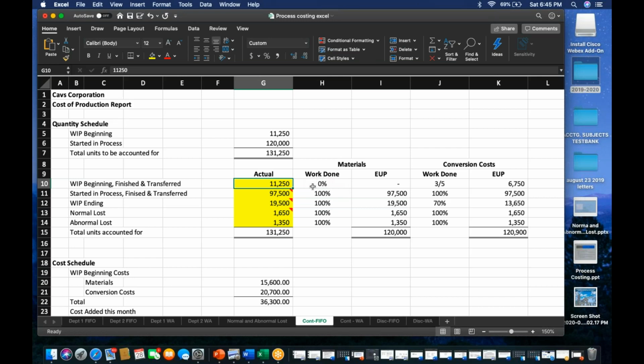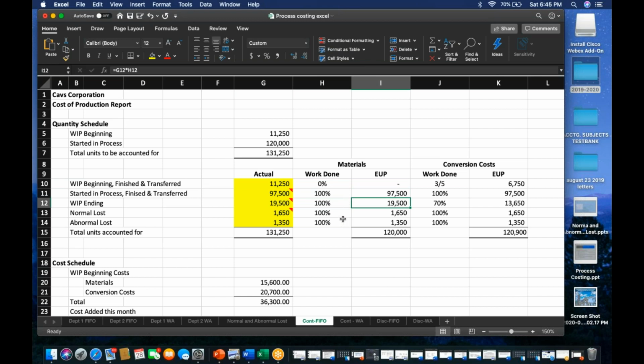So 0% in terms of materials. So EUP niya, 0. Started in process, 100%. Nag-start yan. So nalagyan niya ng materials today. Work in process ending, nalagyan din ng materials today. Kaya 100%, 100%.